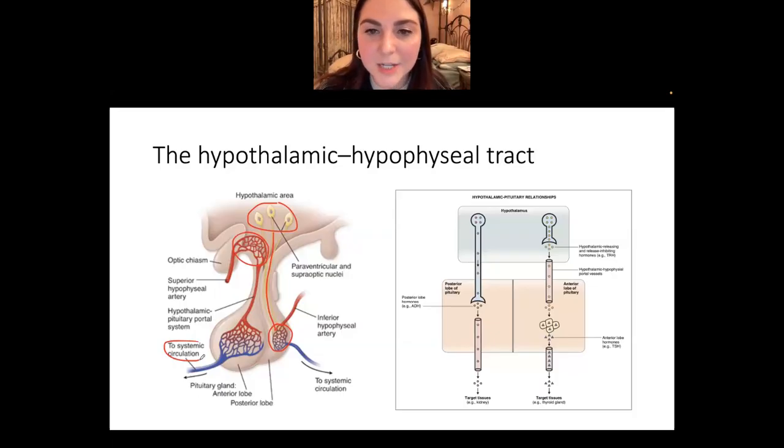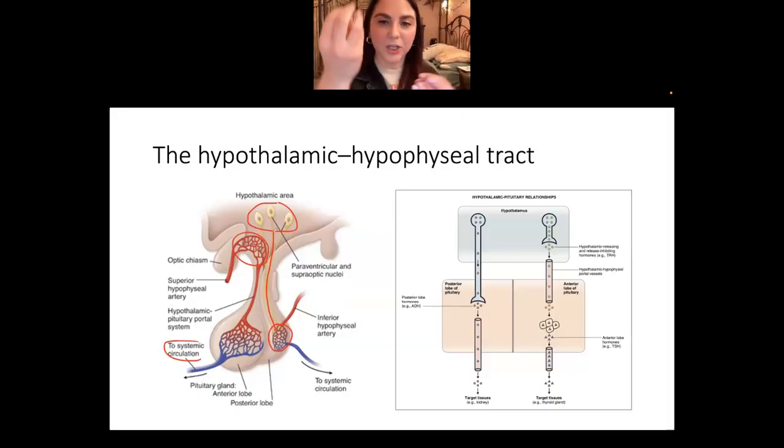Question: are ADH and oxytocin stored in the terminal axons of the neurons from the hypothalamus, or is there a structure in the posterior pituitary to store them? It's a great question. I'm pretty sure they're made and then they just travel down the axon. I guess they can be stored. I don't actually know the answer to that. That's a really good question. I guess they can get stored in the terminal axon.